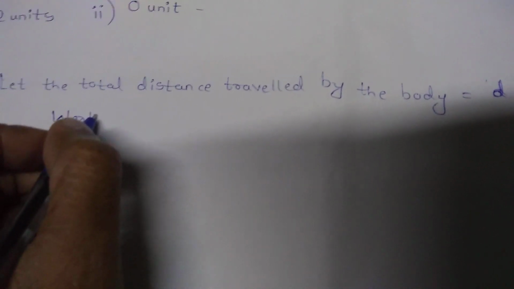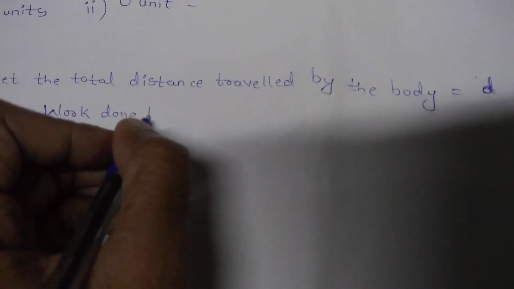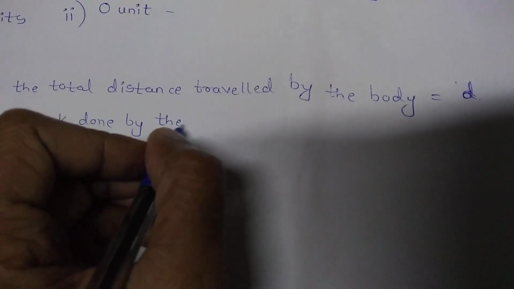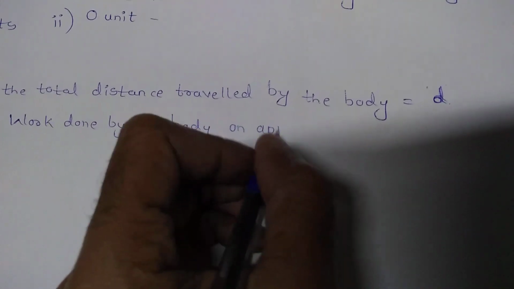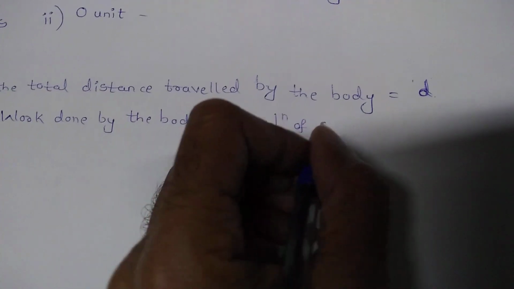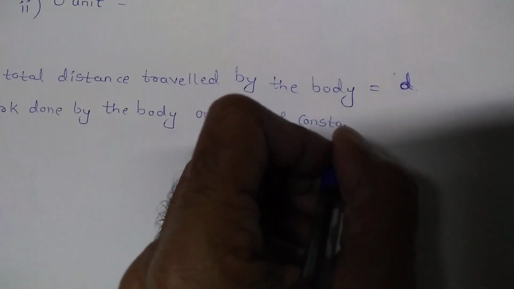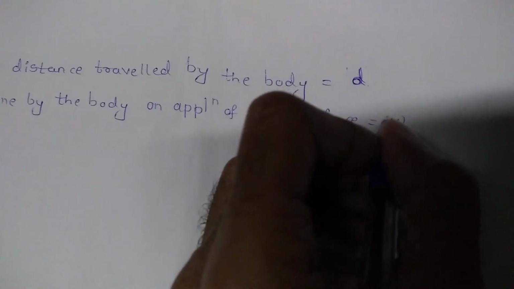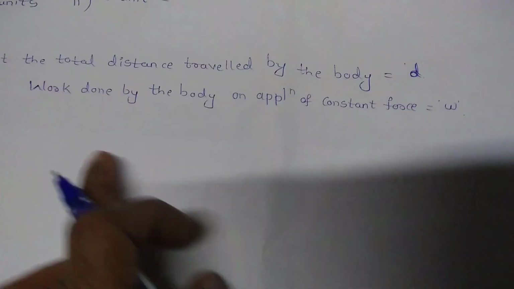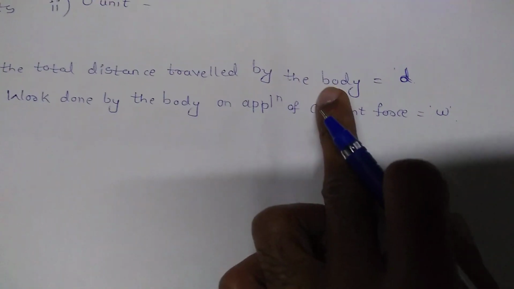Work done by the body on application of constant force, let us take it as w, small w. So the work done is w and the total distance traveled by the body is d.